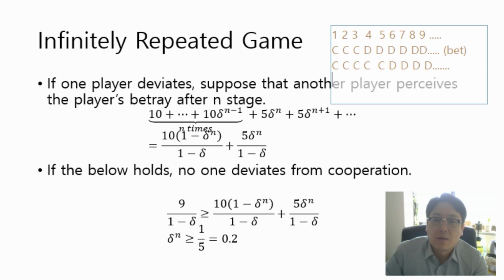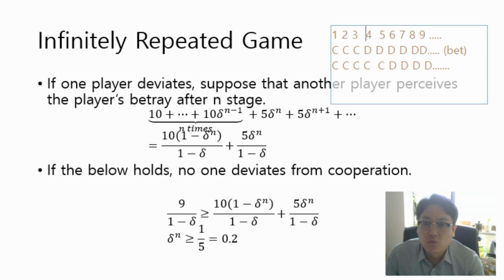Because the payoffs in the first stages are the same, we don't need to think about that. We don't need to consider these first 3 stages because their payoffs are the same. So think as if this is the first stage; they can forget what happened in their history, right?